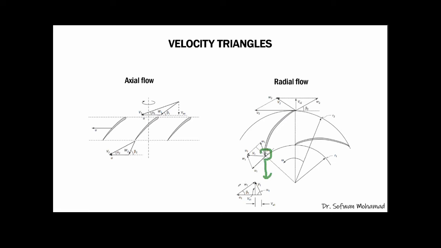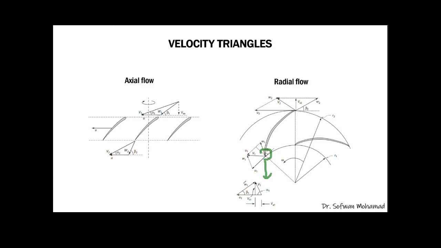W is for whirl velocity. In this figure the convention of the velocity is not quite the same as what we have seen in steam turbines, but it doesn't matter. You can use any symbol as long as you declare what it is.